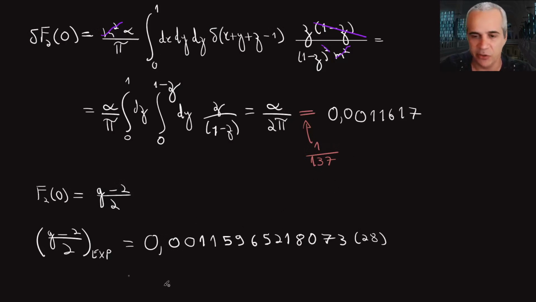You use that measurement in an expression, which is not this one, but instead the order alpha 4 correction to delta F2, and that was used to fix the value of alpha. Nowadays, we have better measurements of alpha, and then you can use the value you know of alpha from other measurements to predict what will be the anomalous magnetic moment for the electron.